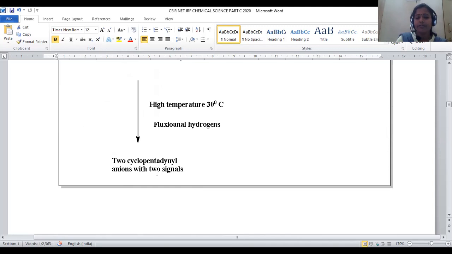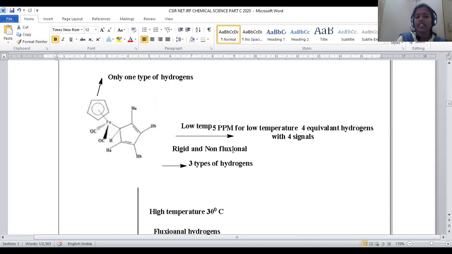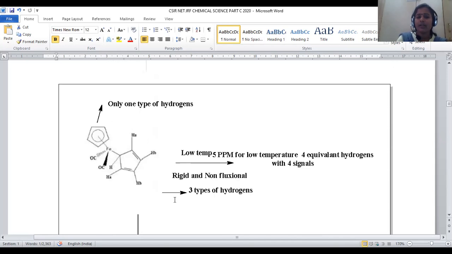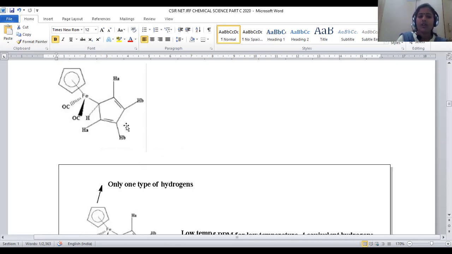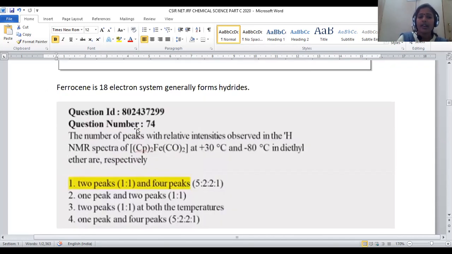At 30 degrees we have 2 signals because of two types of hydrogens, since all the hydrogens are fluxional in nature. In the case of low temperature, there is a possibility of non-fluxional, that is, rigid nature. So at 30 degrees, we can obtain 2 signals for this compound, and the 2 signals have equal, identical setup, one set each. Hence, the intensity ratio will be 1:1. That's the reason why.